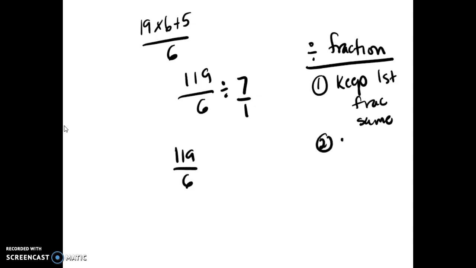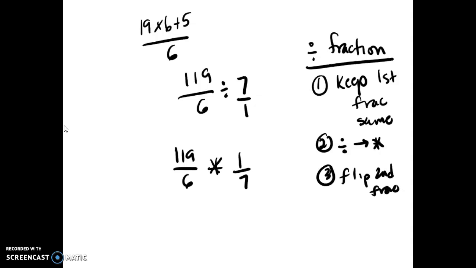Then I'm going to change the division sign to a multiplication sign. Then I'm going to flip the second fraction, so instead of 7 over 1, it's going to be 1 over 7. Then I will multiply, and then I will simplify if necessary.